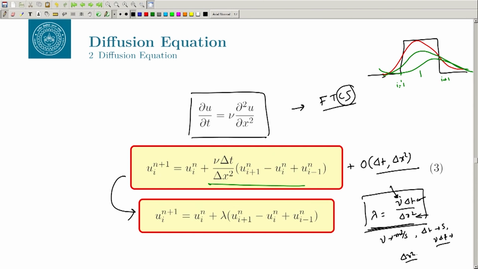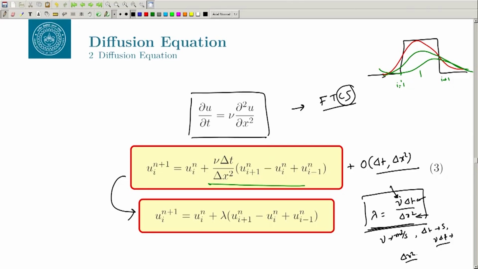So, it still has the same meaning: how much it is diffusing per unit time should not be bigger than your grid size. In fact, the requirement in this particular case, as we will see later, is that it should be less than 0.5. So, earlier we had lambda equal to C delta T by del x less than 1, here it is less than 0.5.